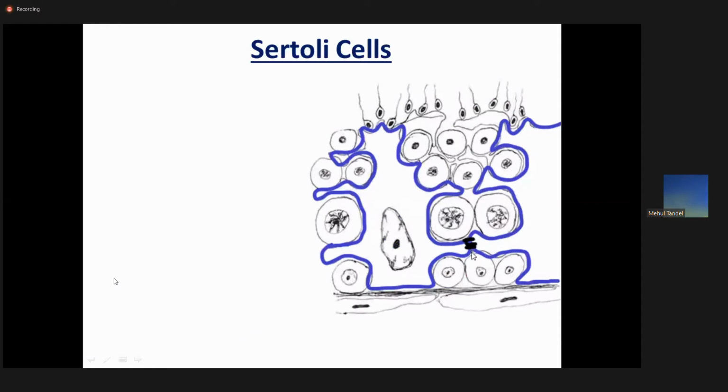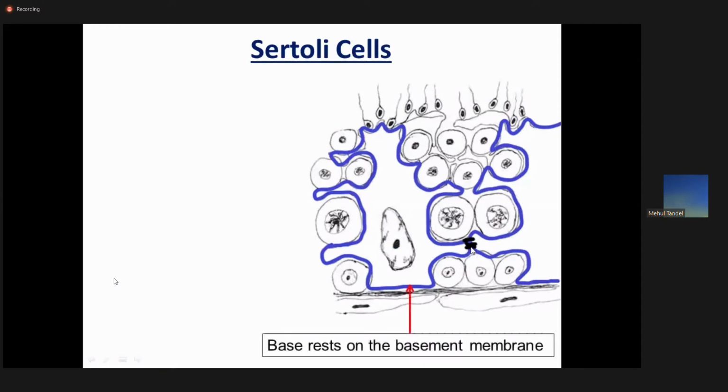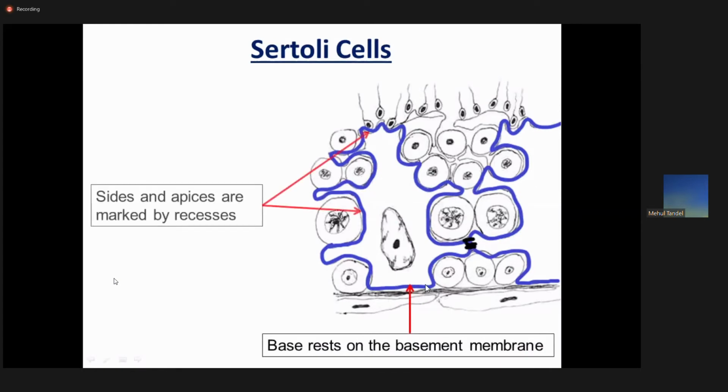Now see the lateral side. The base rests on the basement membrane, that we know. Then the sides and apices are marked by recesses. See the depressions on the sides and near the apical portion. These depressions are known as recesses. Why are these recesses there? To accommodate the spermatogenic cells.